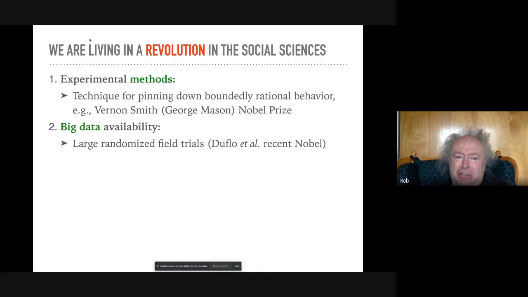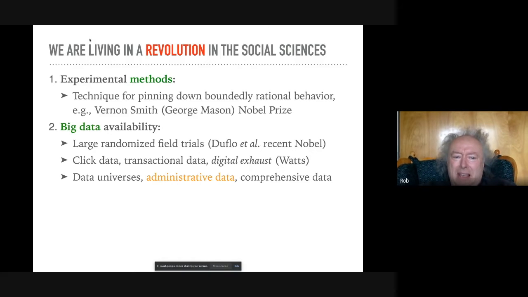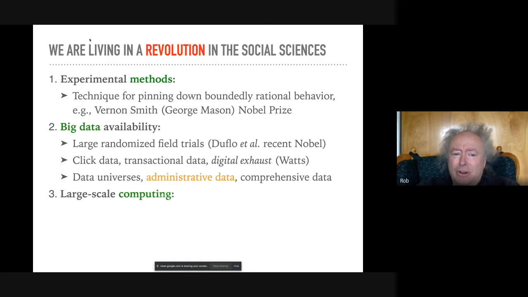But there's also very large scale data availability, from randomized field trials, from what my colleague from Santa Fe, Duncan Watts, has called digital exhaust, of which the big data companies, as you guys are, are key providers. But what I'm going to talk about today primarily is administrative data, where the data are in essence comprehensive. They have the data on every single entity in question. But these sources of data were not available before the year 2000, say. So we're 20 years into this revolution, and of course, computing makes it all possible.